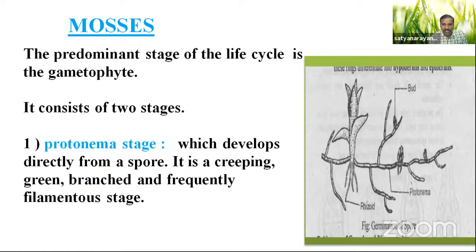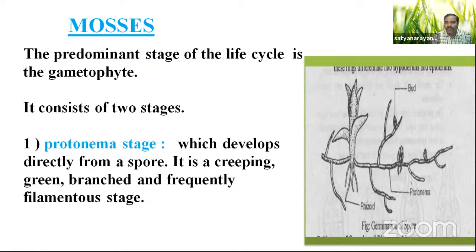When the spores are released and fall on the soil, or the moist soil surface, the spores will produce the protonema. Now, what is the protonema? The protonema is a creeping, green, branched structure. Creeping means it travels along the soil. Protonema is the first stage.